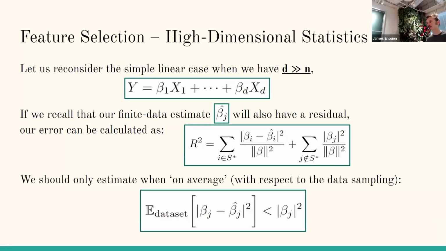And this is, quote unquote, on average, with respect to our data sampling. So for each data set of our small size n that we get, on average, can we get close enough to be smaller than the noise that we will typically have? So when beta J squared is really small, it's hard to get a better estimate than this small value. But when it's large enough, then typically even with our small number of samples, we can get closer to 0.